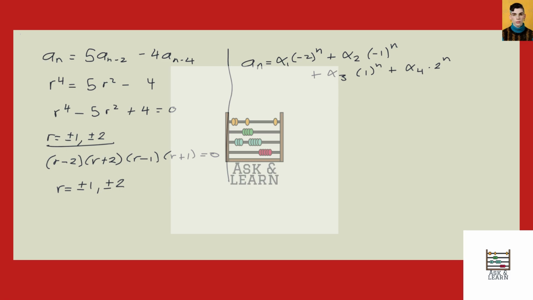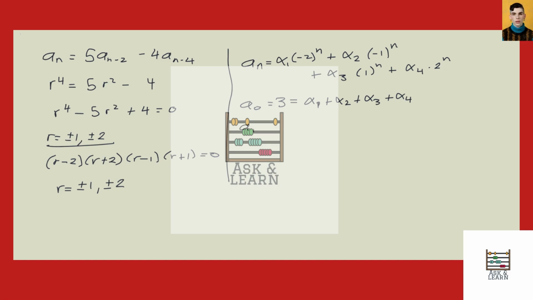Then we use our initial conditions, which is a_0 equals 3. When we put n equals 0 into these powers, they all become 1, so this equals alpha 1 plus alpha 2 plus alpha 3 plus alpha 4.